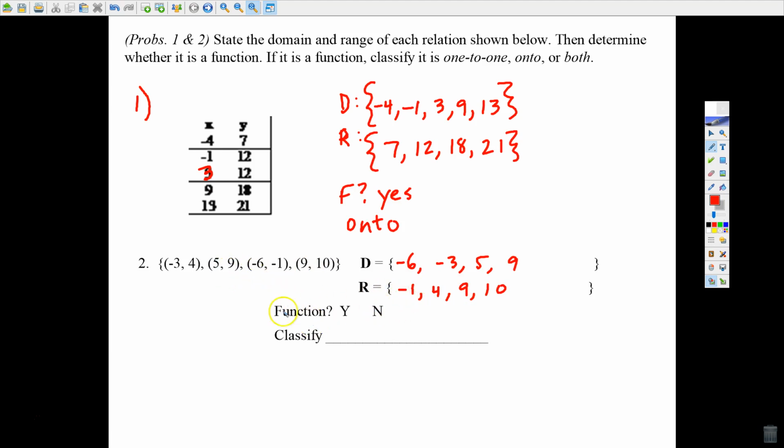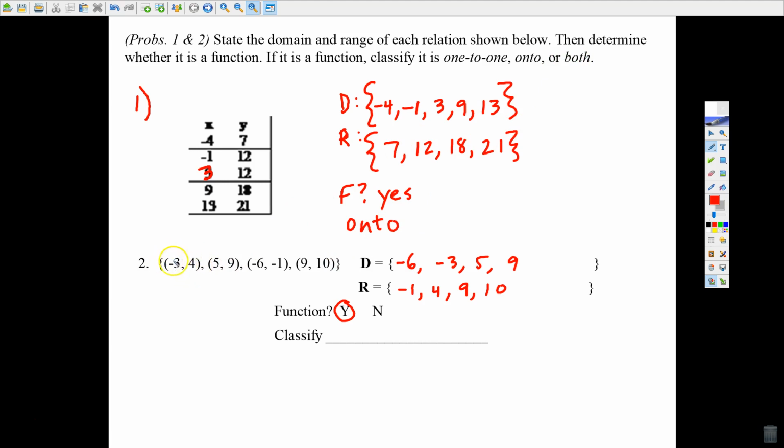And is this a function? Well, once again, look at your domain and see if there are any repeats. Don't see any repeats, so this would be a function. Let's see, is this considered 1-to-1? Well, I don't see any repeats in the range, so that checks. And for it to be both, we should have unique matchups.